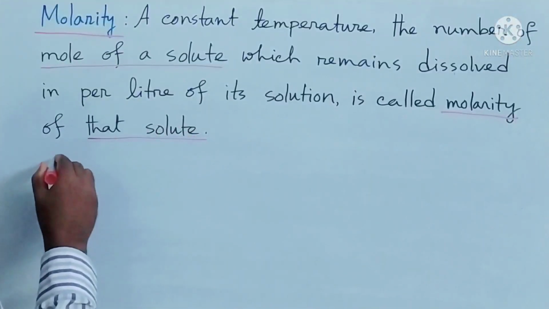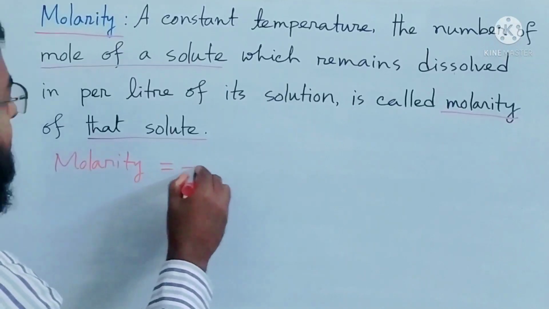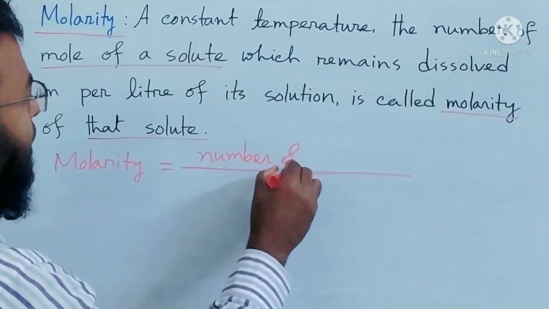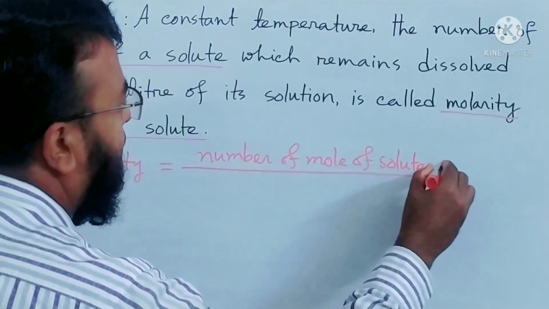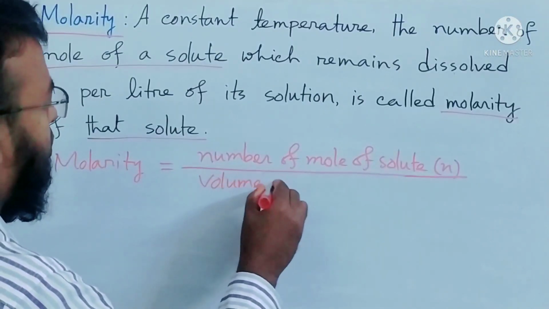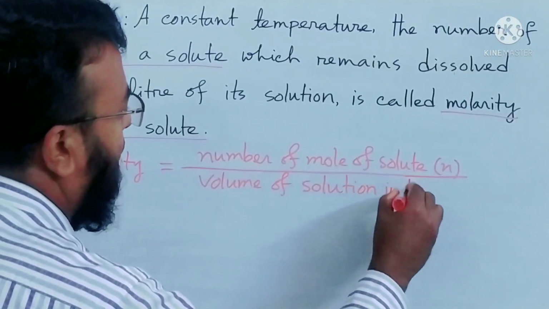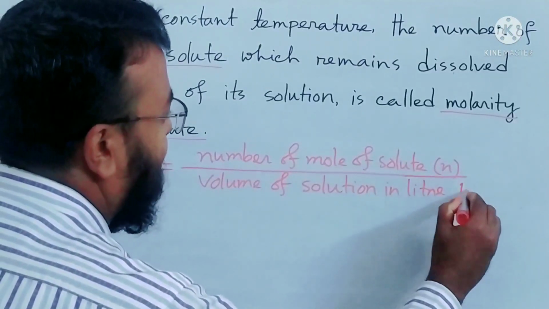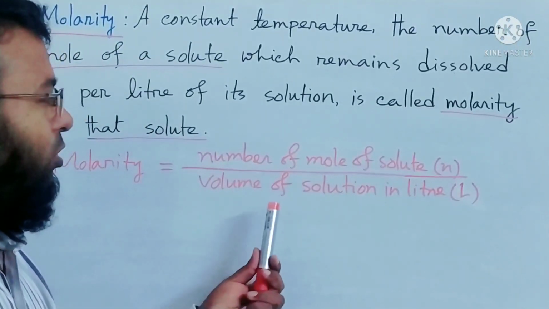Okay, so now molarity equals number of moles of solute, n, divided by volume of solution in liter. So molarity is the number of moles of solute divided by volume of solution in liter.